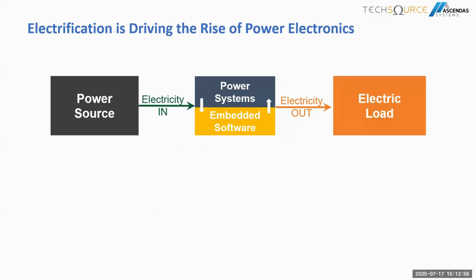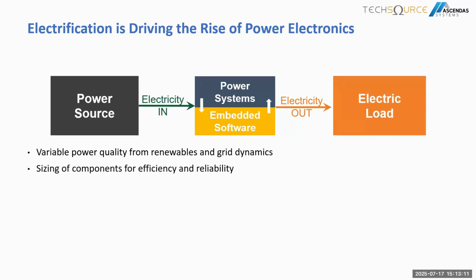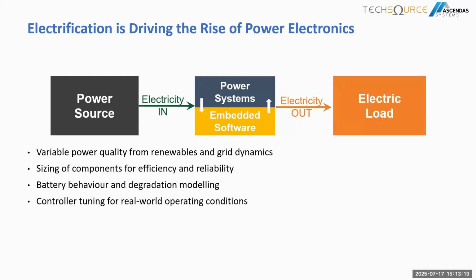Of course, power electronics control design has its challenges. These systems include a lot of complex dynamics and interactions. So efficiency and stability of the system are important, and operations should be safe and reliable. So there is sizing of components for efficiency, battery behavior and degradation, controller tuning which involves real-world operating conditions, and embedded software.